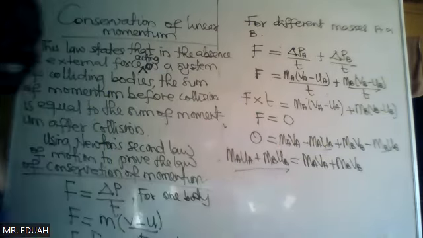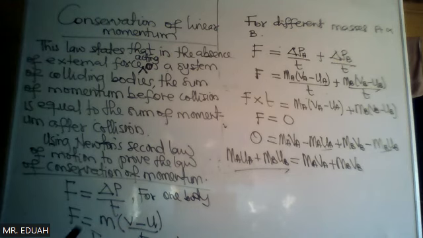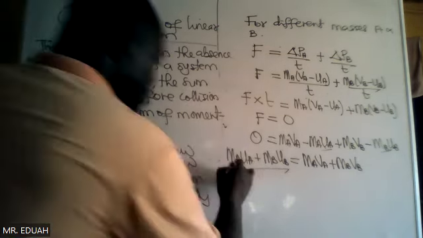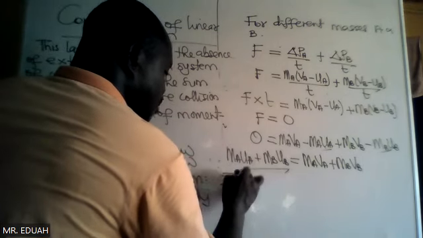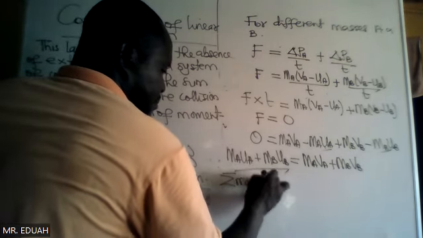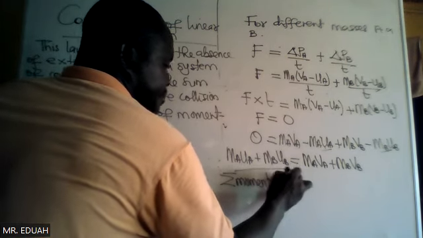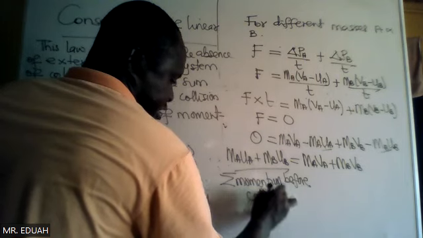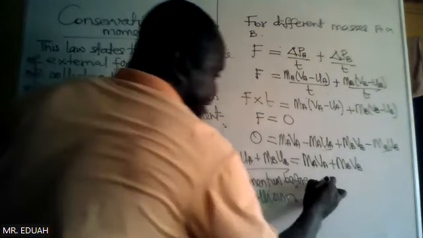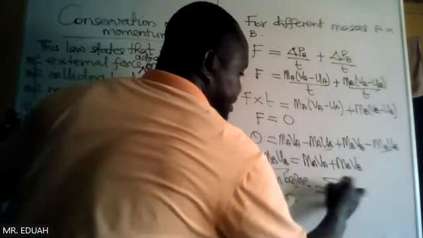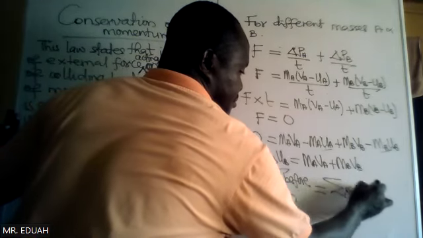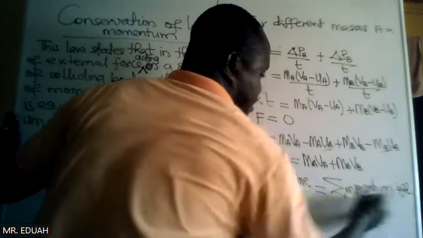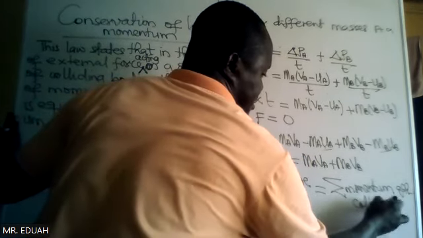This is the sum of momentum of both bodies before collision. So summation of momentum before collision is equal to summation of momentum after collision.